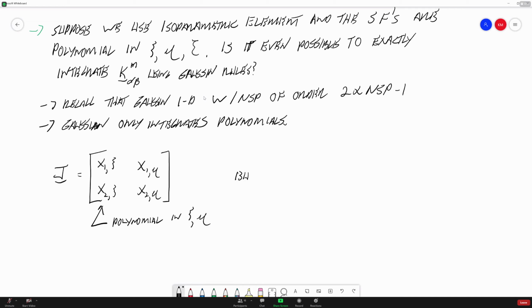But our B matrices, these are shape functions in alpha comma 1 and alpha comma 2. Bring back shape functions.